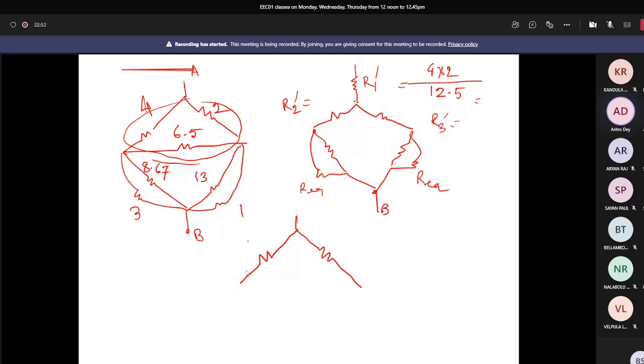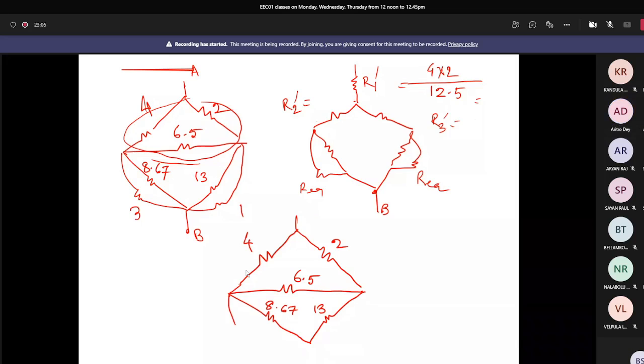This is 4, this is 2, this is 6.5, and 8.67, 13. This part is okay, right? 13 and 1 in parallel, 8.67 and 3 are in parallel.